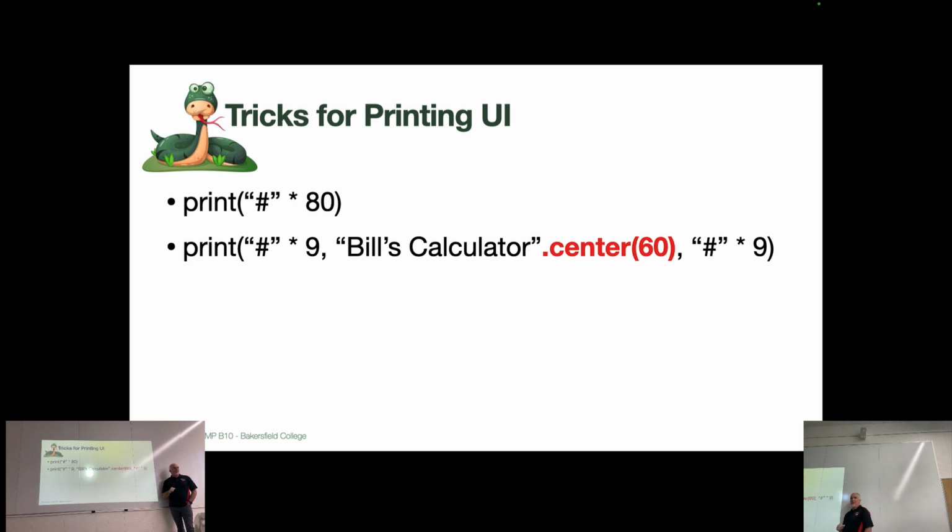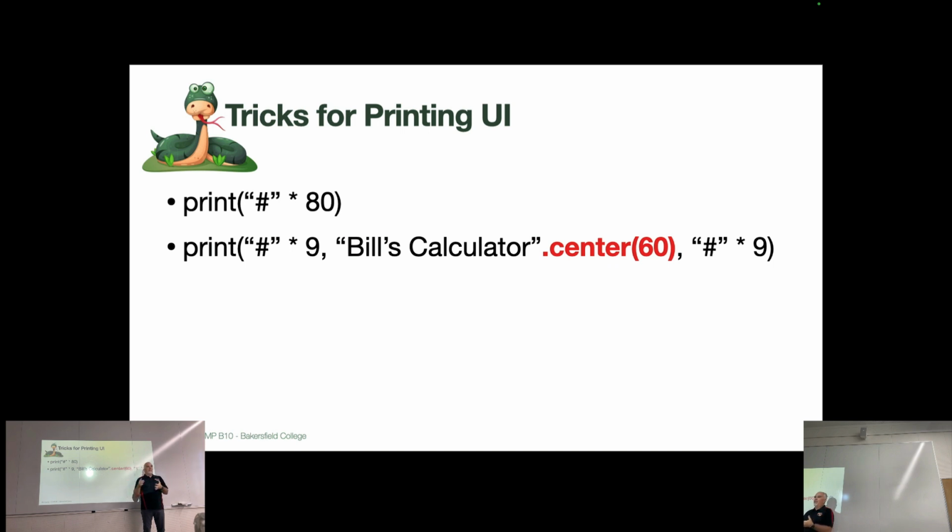What do you think the second argument does? It centers it in a row of 60. So it'll take 60 grid spaces, take this string, and do its very best to put that right in the middle.